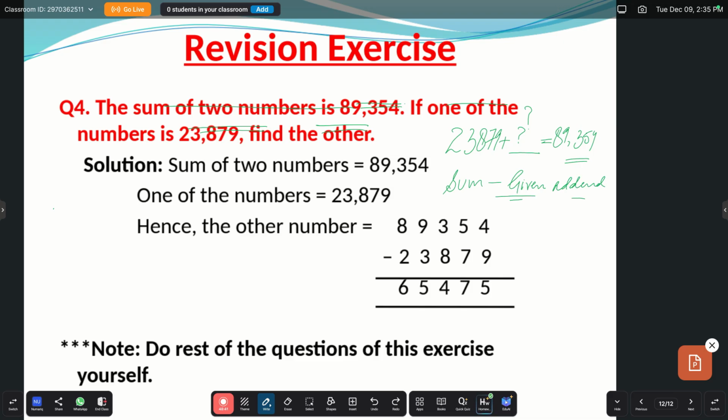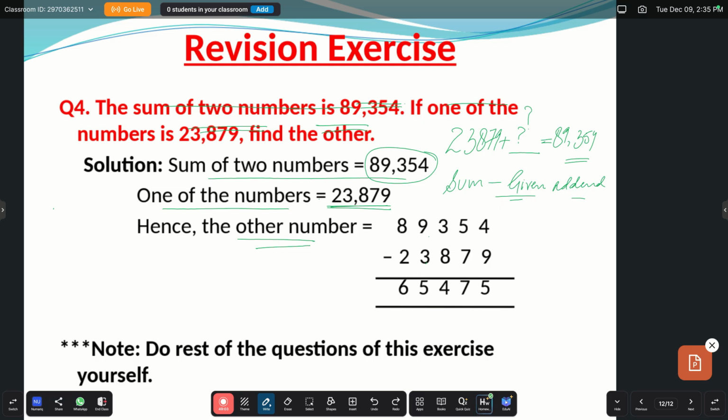Okay, here what is the sum of two numbers? It is 89,354. What is one of the numbers? It's 23,879. So, the other number will be sum minus one of the numbers.